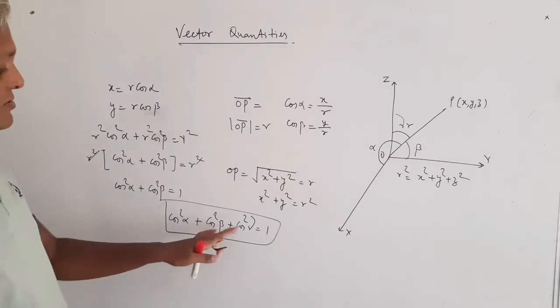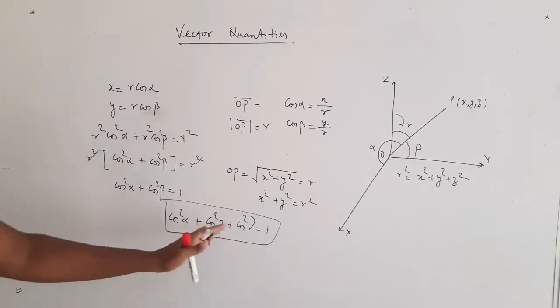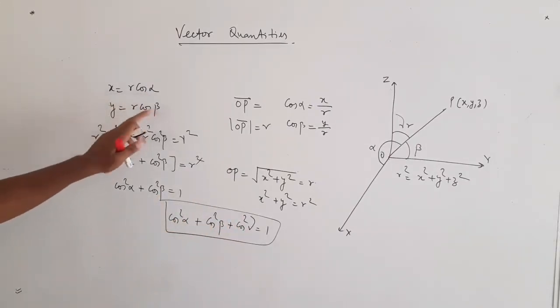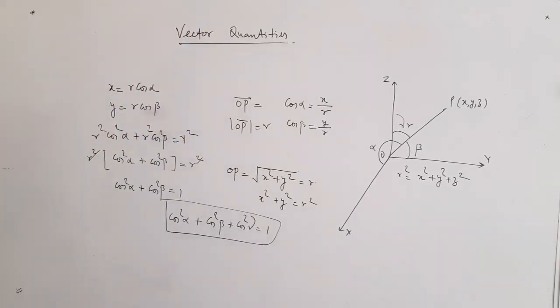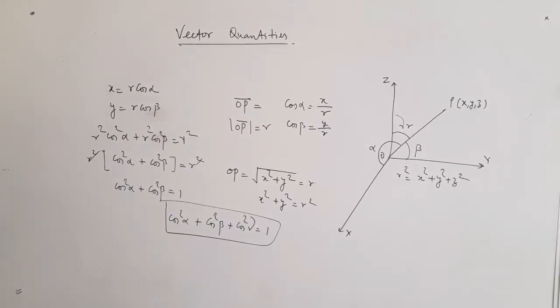So cos alpha, cos beta, cos gamma are direction cosines, and alpha, beta, gamma are the direction angles. Now I go and resolve these components into vector form.